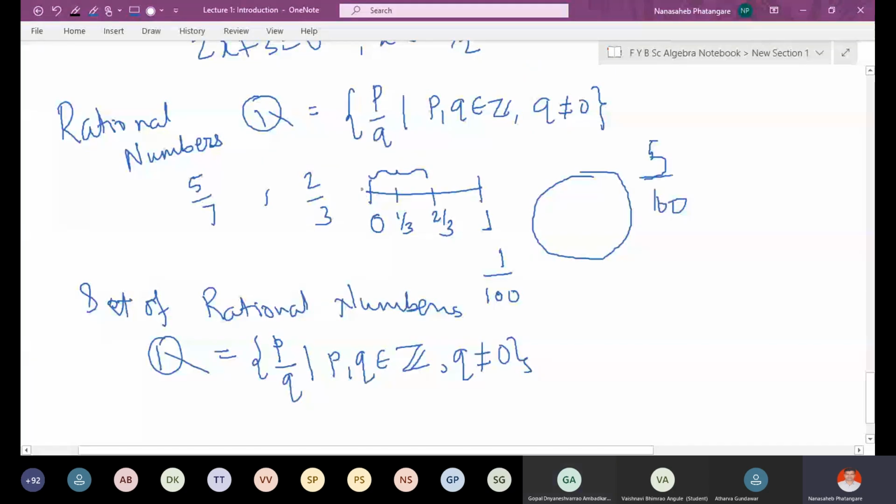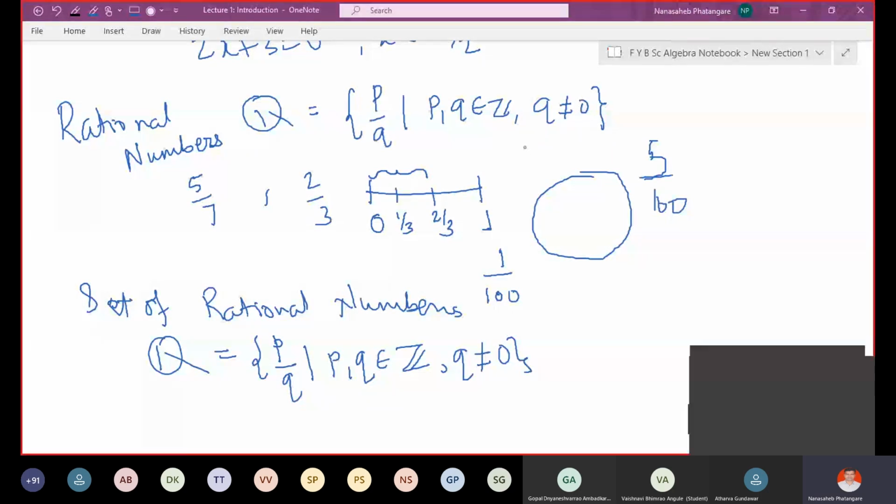You divide one unit, whatever it is, one bread or one unit length, into 3 equal parts, and one part is 1 by 3, and two parts together is 2 by 3, and so on. In the same way, what is 1 by 100 and what is 5 by 100? Similarly you can understand this, right? So this is the set of rational numbers.